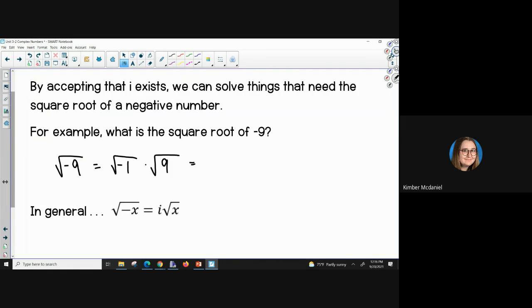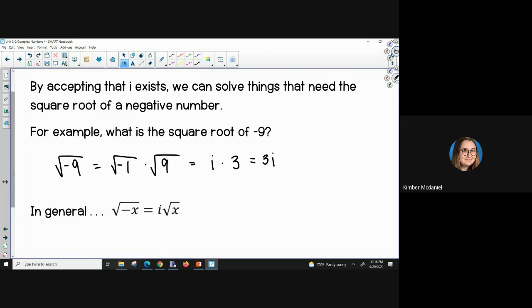Again, the square root of -1 is i. And what's the square root of 9? 3. Now, even though i is an imaginary unit, and you're going to hear me say this a ton today, you're going to treat it like it's a variable. So what's i times 3? 3i.